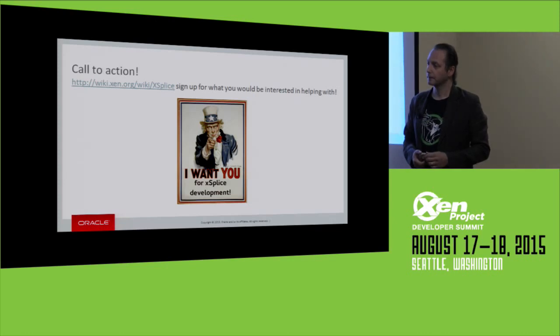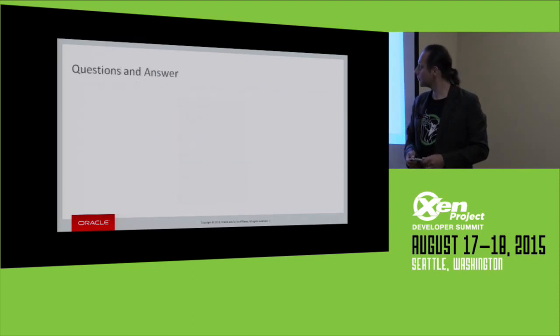Go ahead. So, being a XenServer engineer, this is a question that we get quite a lot about how we would go about supporting this. The way I see it, you've got two groups of people. You've got the group who never ever want to reboot a server, at which point, why do they want hot patches in the first place? They just want something that's going to stay stable.